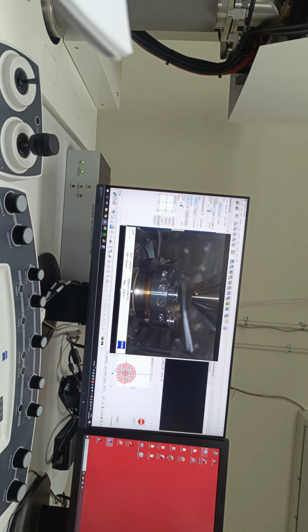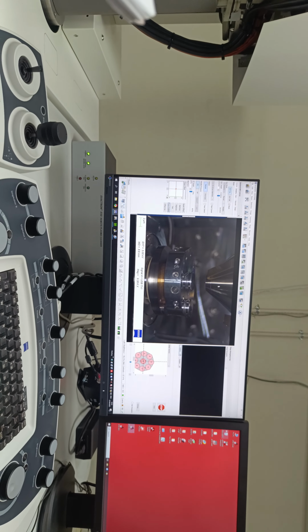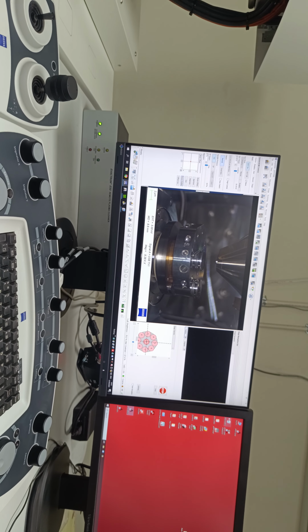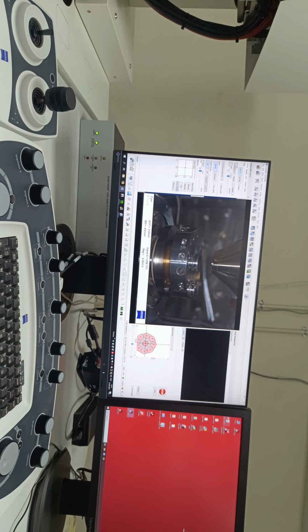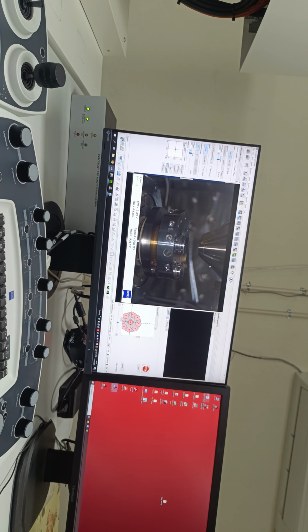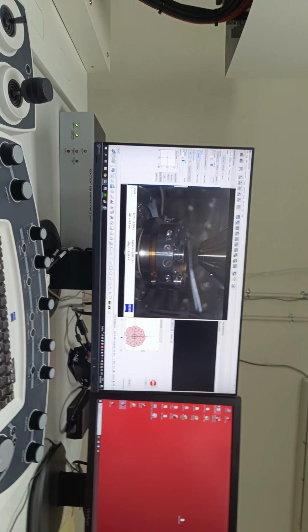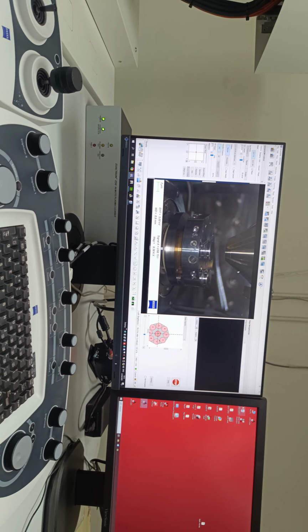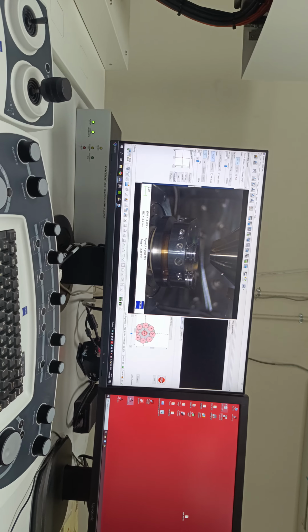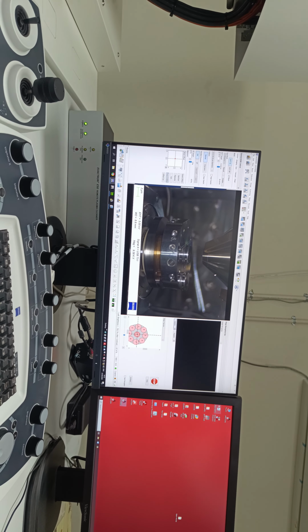Please do not forget to ask questions if there is any confusion. So this is the last part of the electron beam. Just after it crosses the last part of the electron column, what will it encounter? It will encounter a lot of nitrogen. So it will not directly hit the sample.